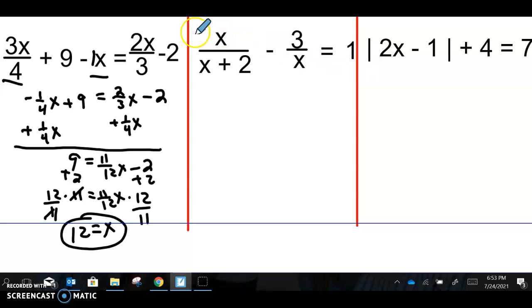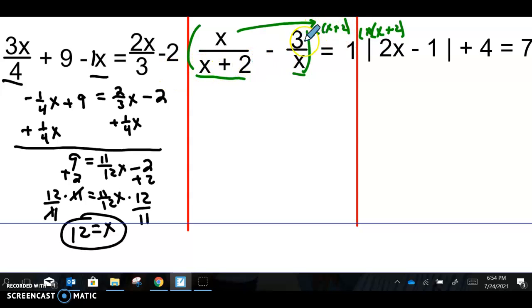In a rational equation, we usually like to get rid of all those denominators. So you multiply everything by the common denominator, x plus 2 times x. I'm going to multiply this side by x plus 2, and I'm going to multiply this side by x plus 2. When I multiply this term, the x plus 2's cancel.